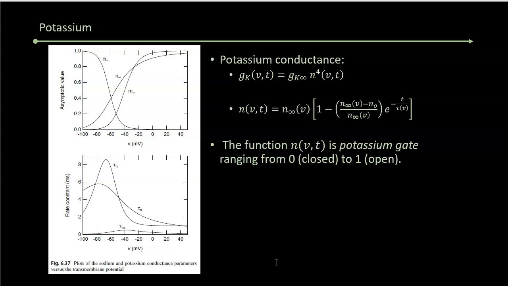The big thing to think of is that this function is called the potassium gate. It ranges from 0 to 1: if it's 0, no potassium is flowing; if it's 1, potassium is flowing. The potassium conductance is given by this, and what you need to keep in mind is the conductance at infinity, after you've reached some steady state. The general shape of this is what's important.